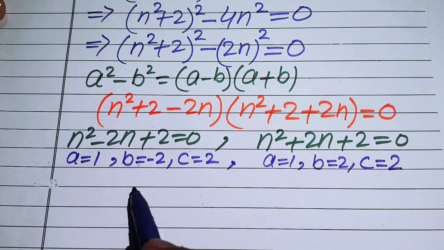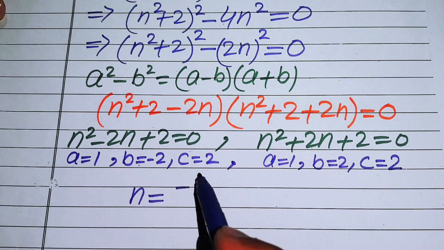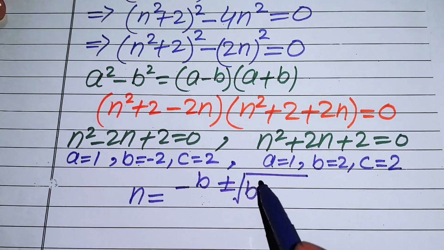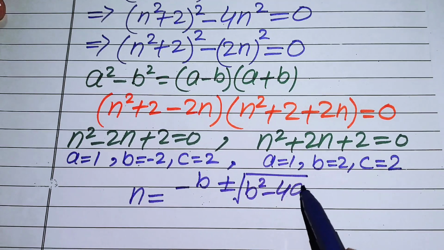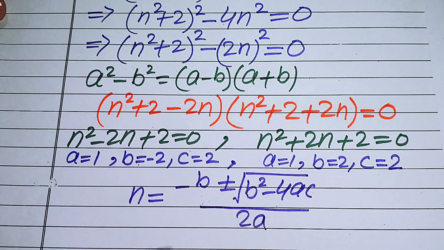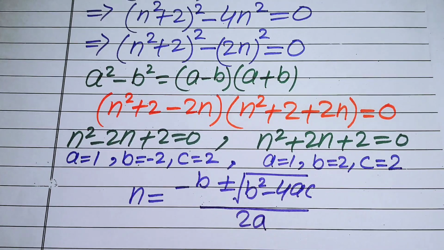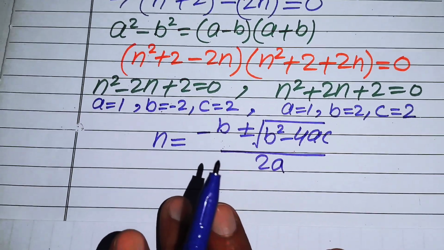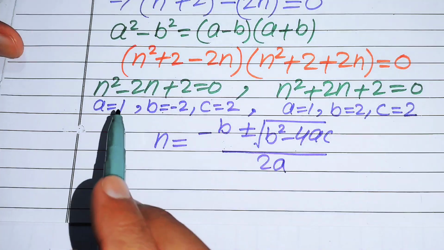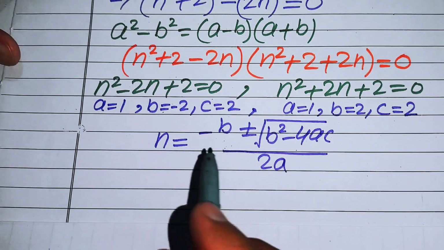Our quadratic formula will be n equals minus b plus minus square root of b squared minus 4ac, over 2a. Now we will put all the values of a, b and c in this formula.